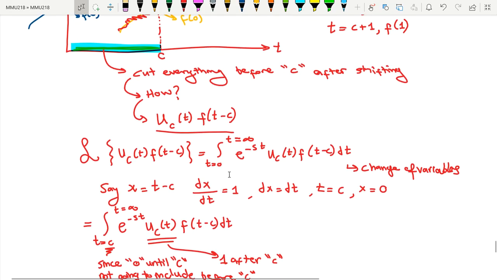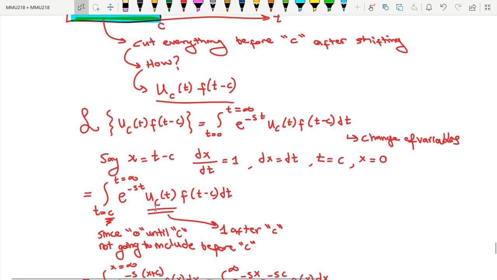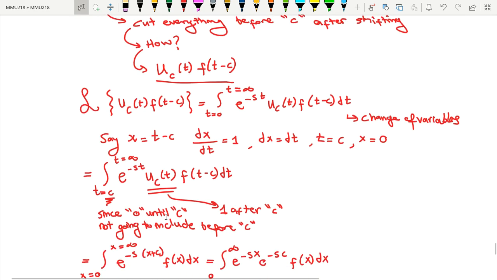So my integral, which was starting from 0 and going to infinity, can now be expressed as going from c to infinity. I don't need to deal with the stuff before c. Until c is going to be 0, not going to include that part, and I'm going to include the part with 1 after c.